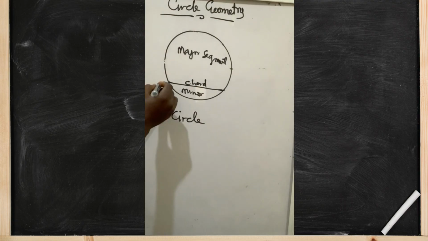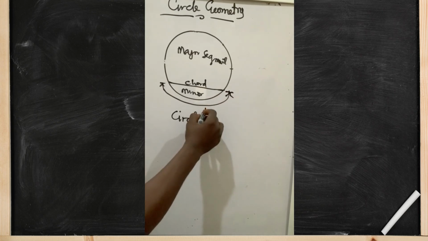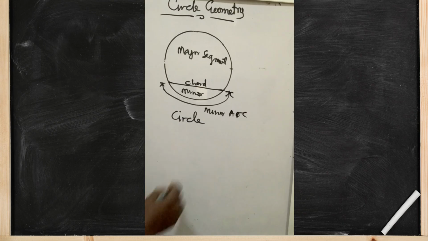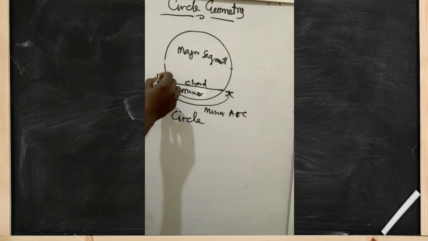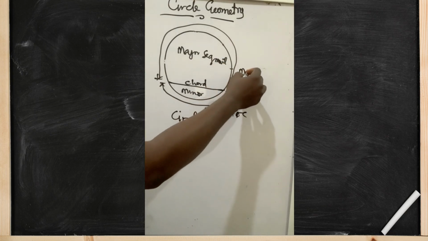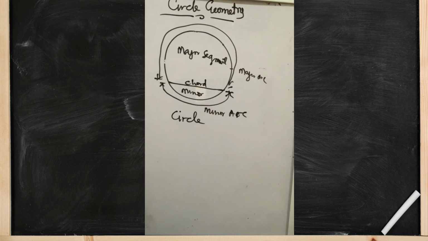Now, between this point and this point is called the minor arc, while this point to this point is called the major arc. When you're talking about circle geometry, the major arc.